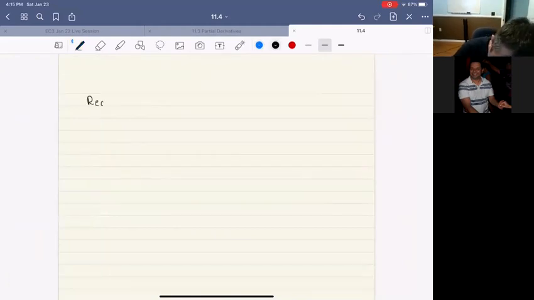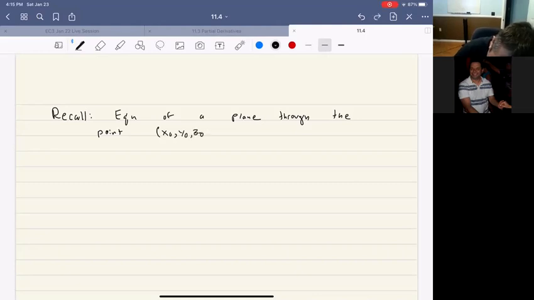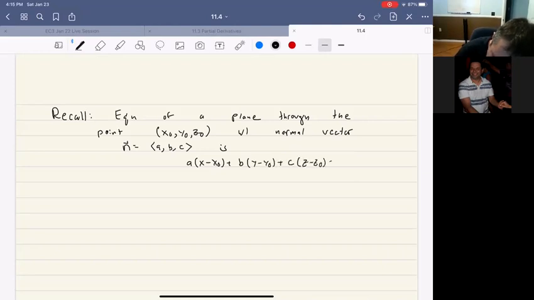Recall, the equation of a plane through the point x0, y0, z0 with normal vector n equals a, b, c is a times x minus x0, plus b times y minus y0, plus c times z minus z0 equals 0, right?